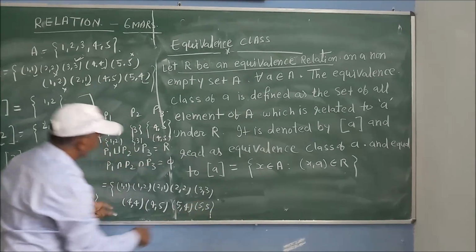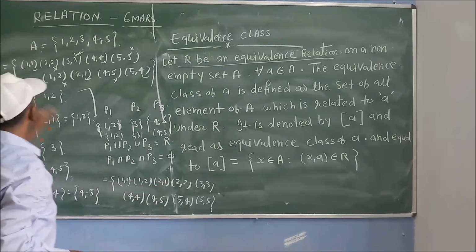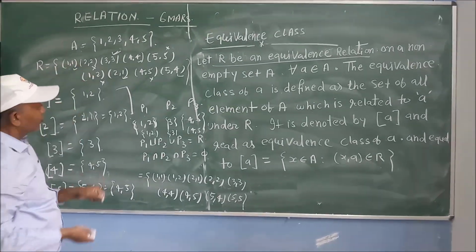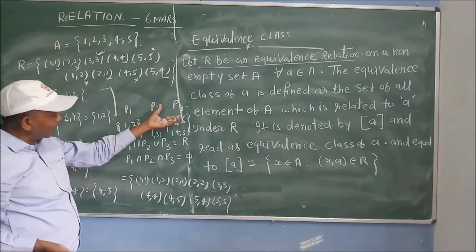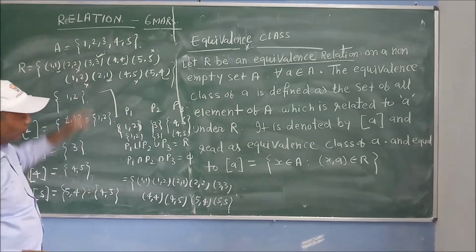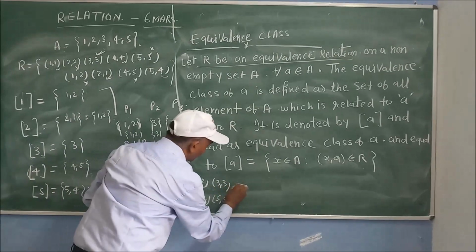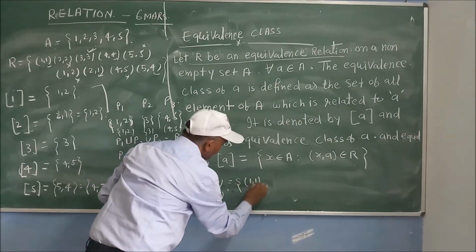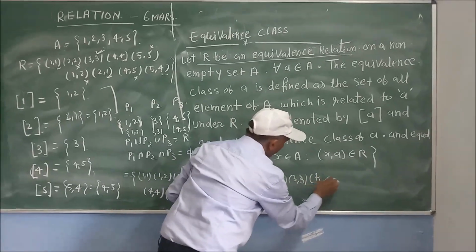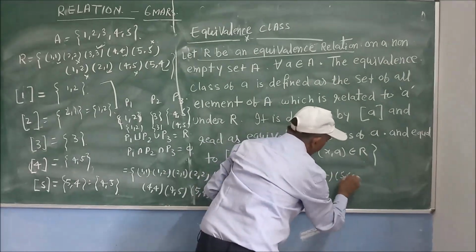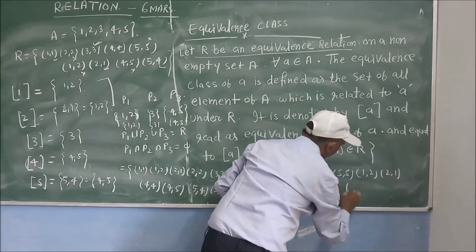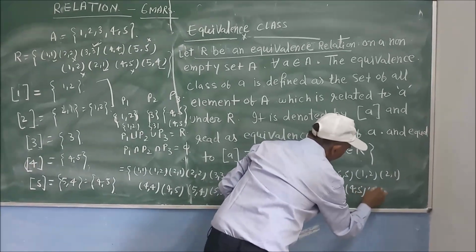So if you arrange these, from the partition of set we can also prepare the equivalence relation. So arranging, this will be equal to 1,1, 2,2, 3,3, 4,4, 5,5, 1,2, 2,1, 4,5 and 5,4.